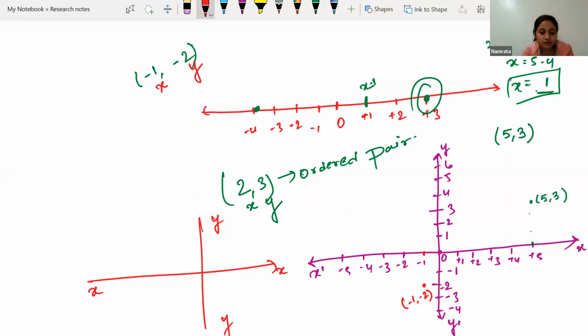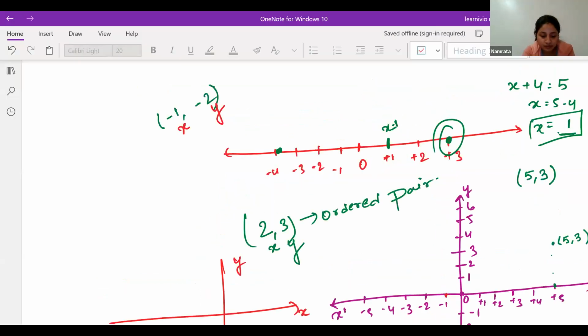Now the next concept is, just a moment. No, let me take the next example or the next concept which we can discuss.